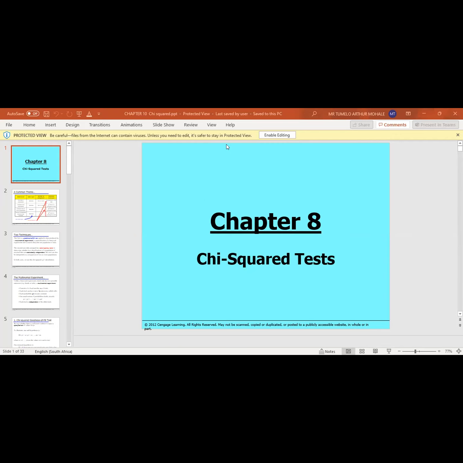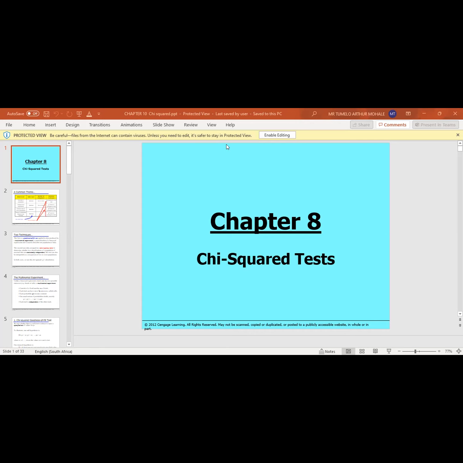So this chapter is a continuation of hypothesis test. Remember, we did hypothesis test for T distribution, for Z distribution, for F distribution, and now we are looking at the one for chi-square distribution.